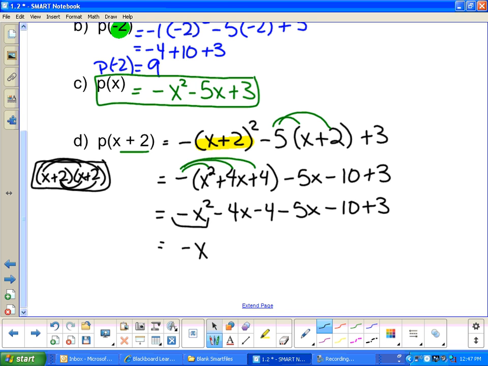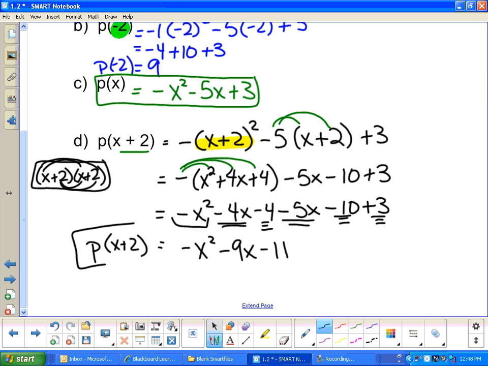Negative x squared, negative 4x, negative 5x is negative 9x, negative 4, negative 10, plus 3 will yield a negative 11. So P of x plus 2 is equal to the trinomial.